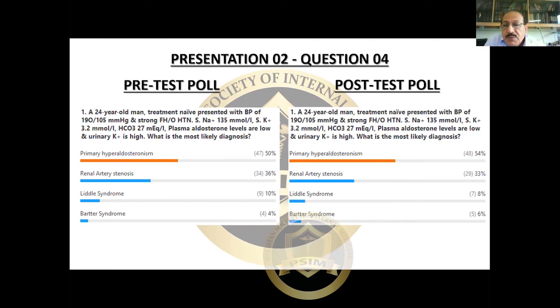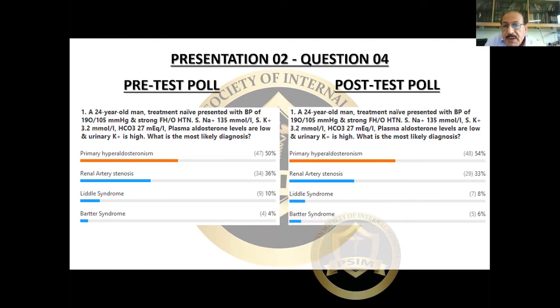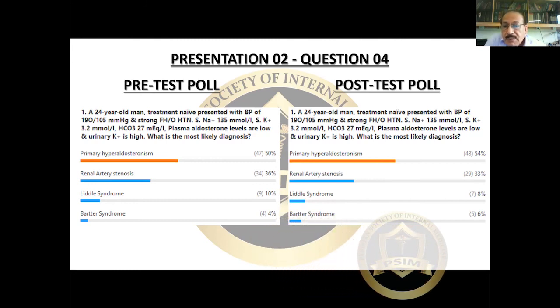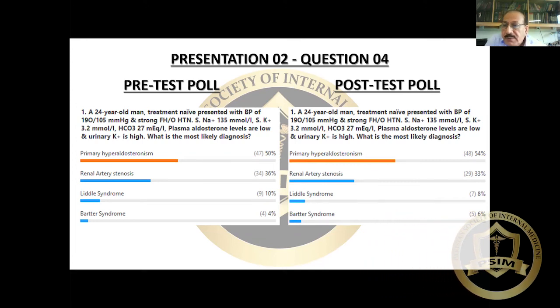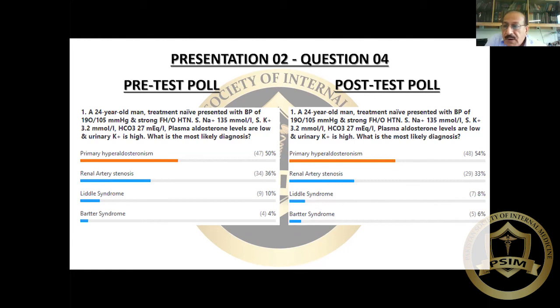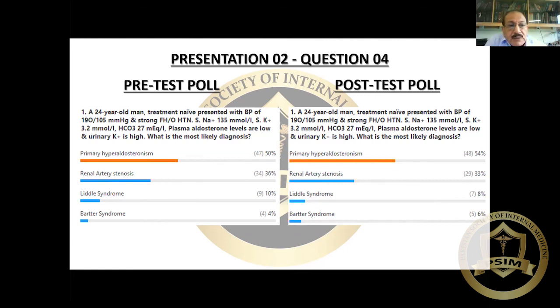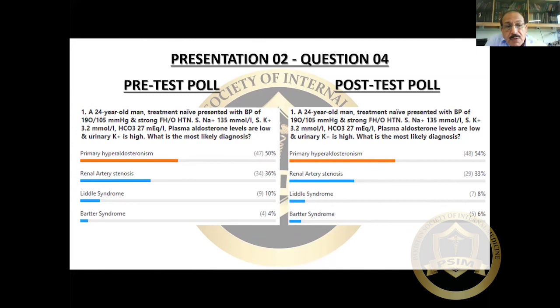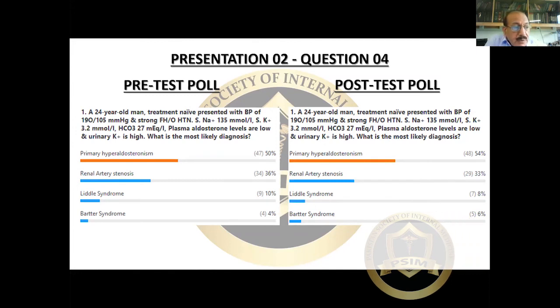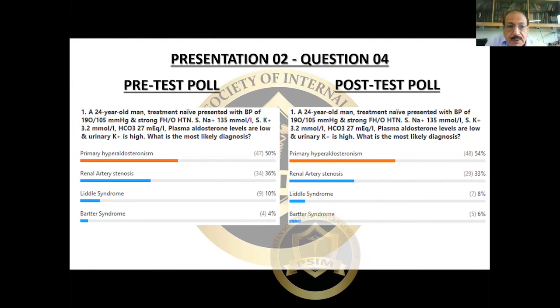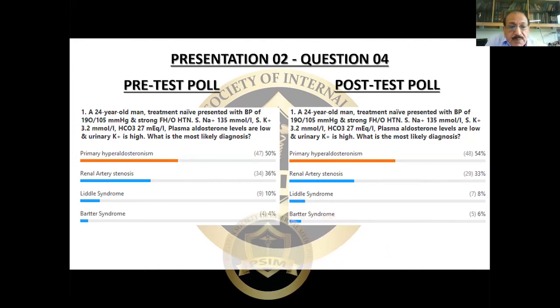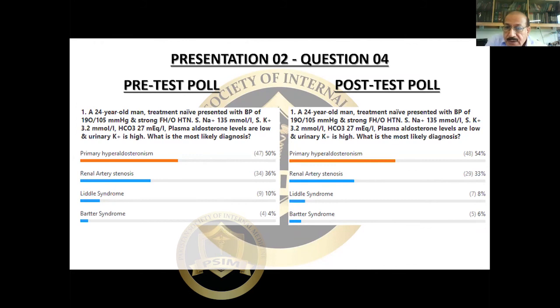But in Bartter syndrome, you don't get hypertension. It behaves like furosemide. Just like the electrolyte disorders that you get with furosemide overdose, you get in Bartter syndrome. Besides Liddle syndrome, you have another syndrome called Gordon syndrome, in which there is hypertension, but then there is metabolic acidosis and hyperkalemia. And Gitelman syndrome, it's like thiazide diuretic.